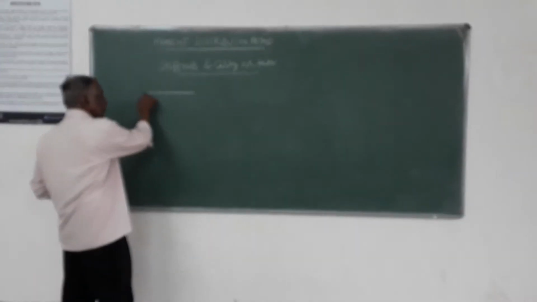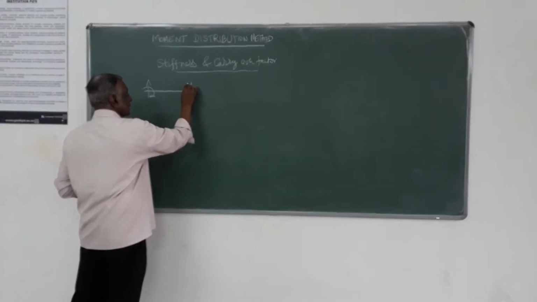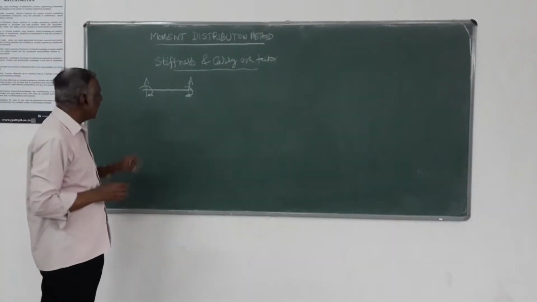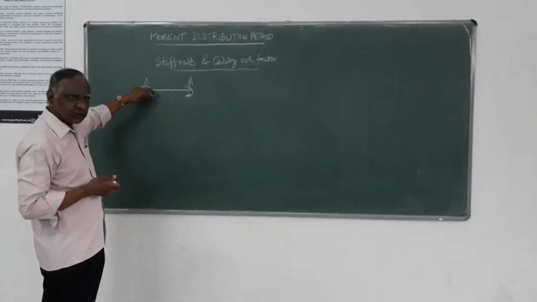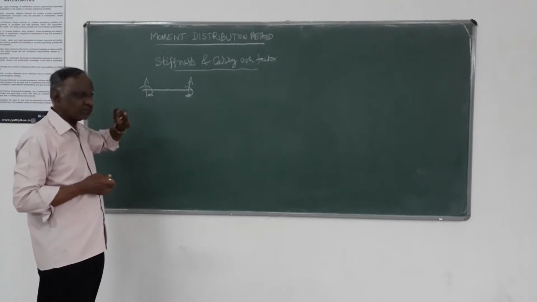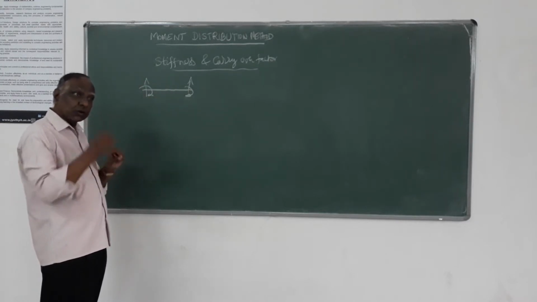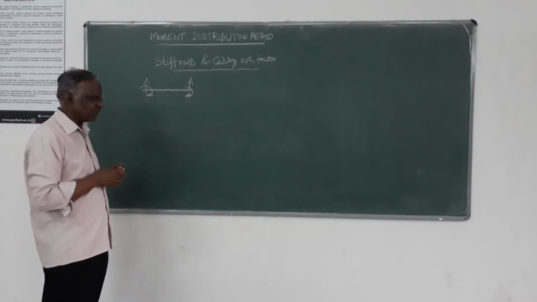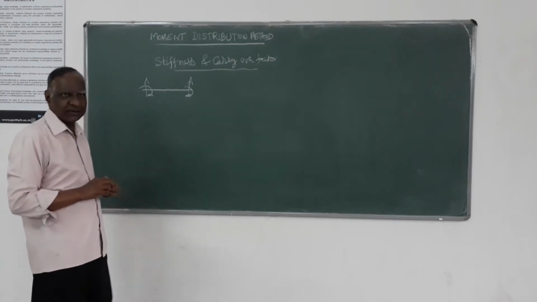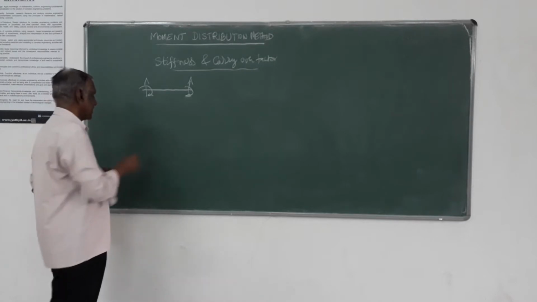That means, in the case of a plane frame structural member, the possible displacements are shear and rotation at the two ends, either by giving a unit rotation or a unit translation, on the left end or right end of the member. What is the force required to give that displacement?